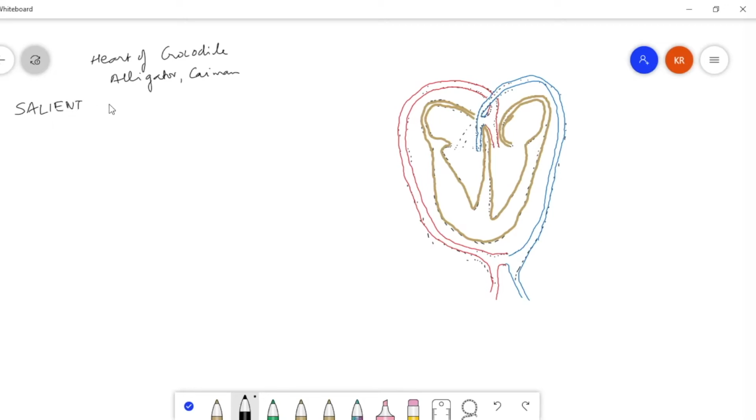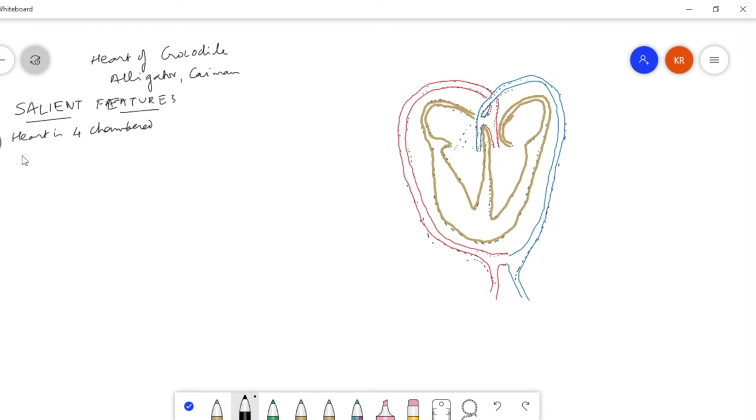We want to first of all write down the salient or the important features that distinguish the heart of the crocodile. One is that the heart is four-chambered.